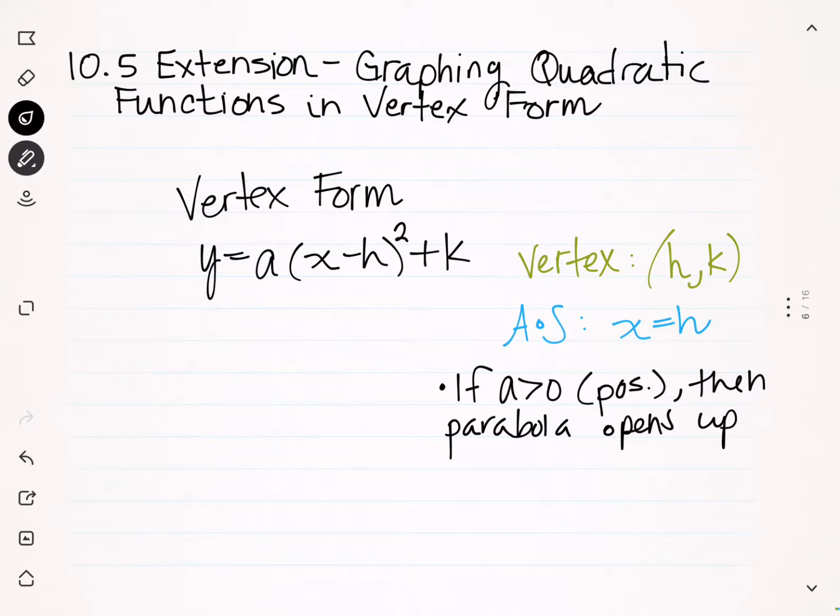And if the value of a is less than 0, that means if a is a negative number, then the parabola will open down.